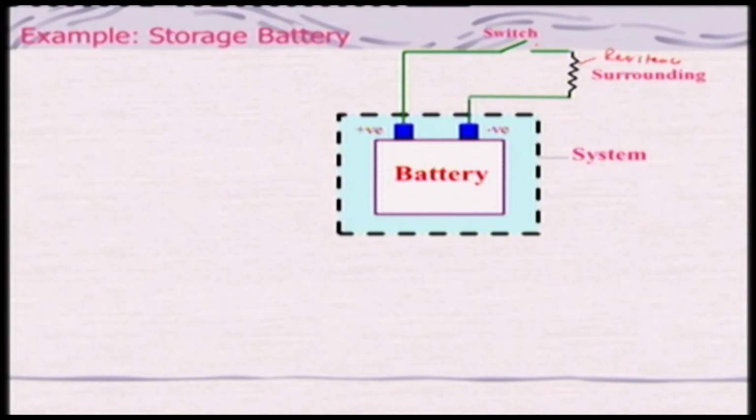When I connect it, this resistance will be activated and you can get some heat. That means the system is doing some work on its surrounding. Surrounding means, in this case, the resistance. Now you understand what I call surrounding. Can I say air is the surrounding? No. It is the resistance which is acted upon by this system.